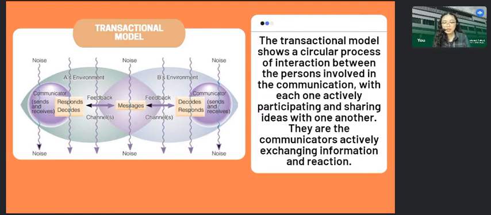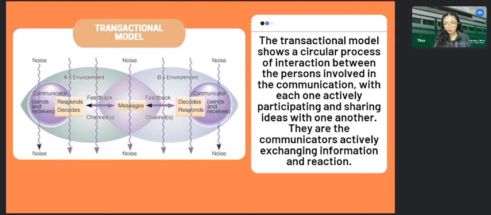Okay? As you can see naman din, makikita nyo dyan sa diagram, there are many noises. Okay? Why? Because as you are having a conversation with your friends or with your classmates, habang tumatagal yung pag-uusap nyo, lalo kayong makaka-experience ng noises. Okay? So, that is the disadvantage of using transactional model of communication.